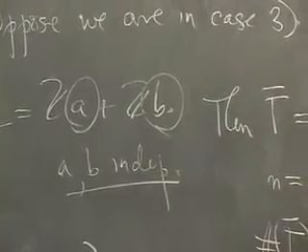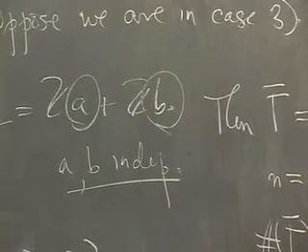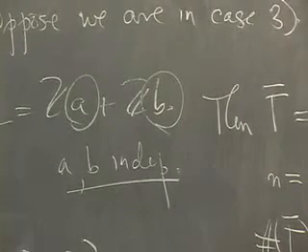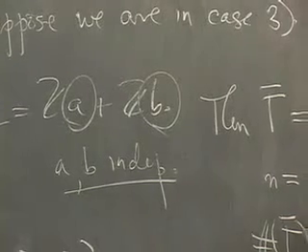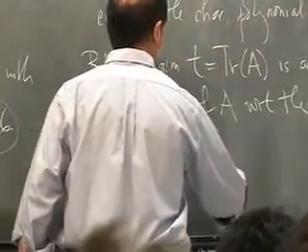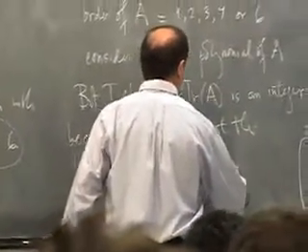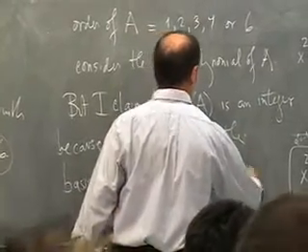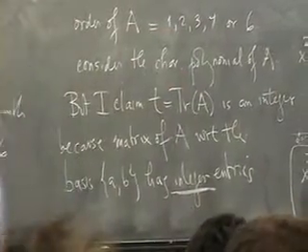The matrix of A with respect to the basis A, B has integer entries, because it preserves this lattice.